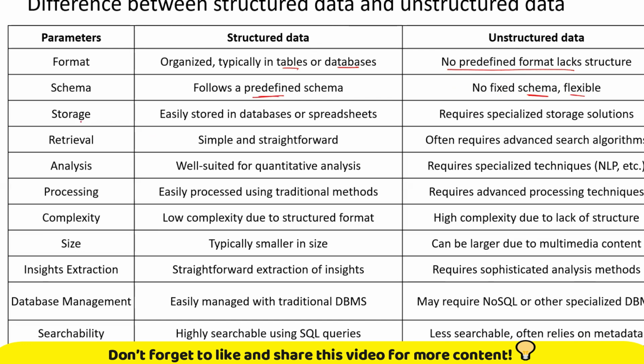In storage comparison, structured data is easy to store in databases or spreadsheets. But unstructured data is difficult to manage and requires a specialized storage solution. As we go through this course, we will be looking at the storage solution, which is the Azure platform. We will understand how Azure stores this kind of data.